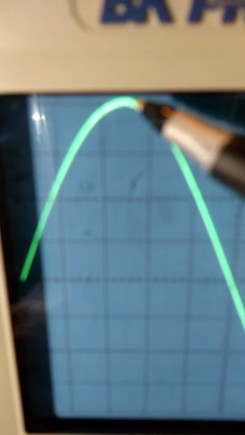Okay, the peak voltage is basically 4 squares high from the 0. So that's 1, 2, 3, 4 squares to the peak exactly. And you multiply that by the volts per division, which is 1. So therefore, the peak voltage is 4 volts peak. Okay, so I'll write that down on the data sheet right there.